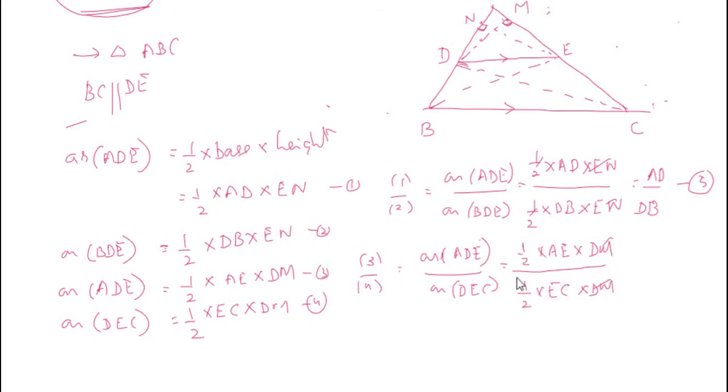DM gets cancelled, half gets cancelled. This is equal to AE by EC. This is equation 6.